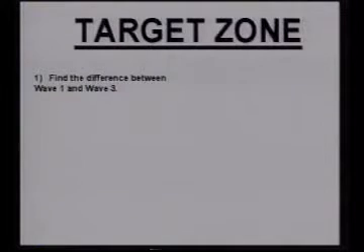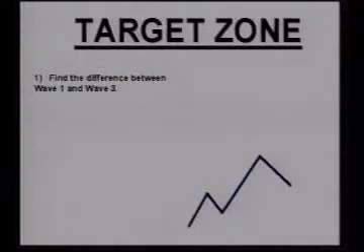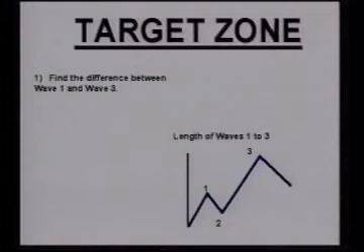First thing we want to do is find the difference between the top of wave 3 and the beginning of wave 1, or if it's in a down market, the bottom of wave 3 and the beginning of wave 1. So here we have wave 1, 2, 3, and what we want to do is take that price difference, the price at 3, and subtract the price at the beginning of 1.